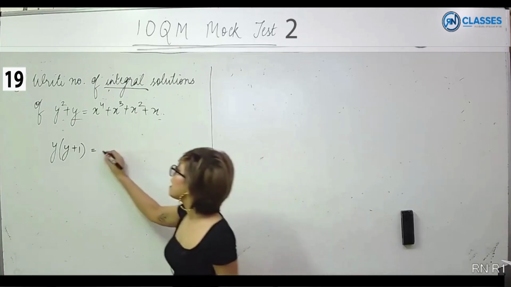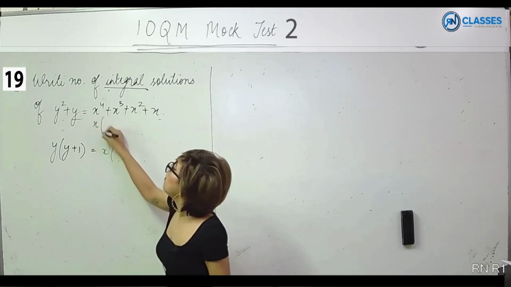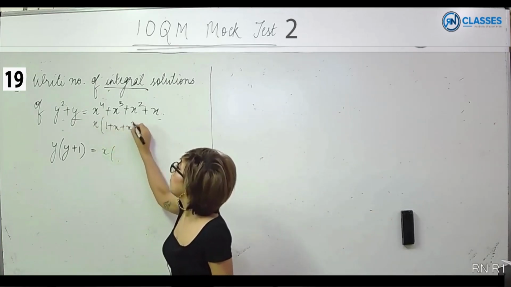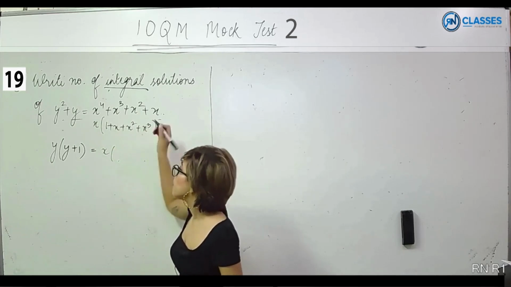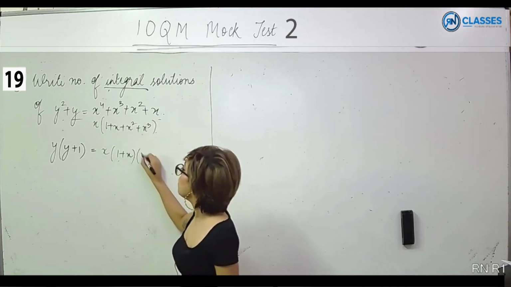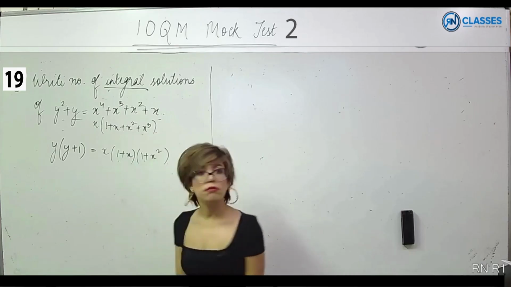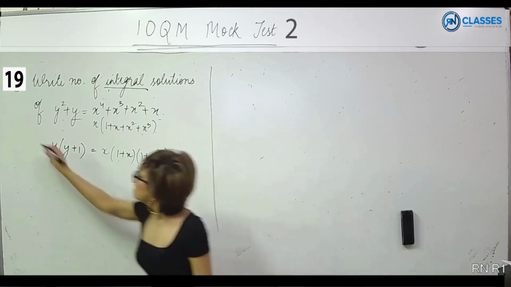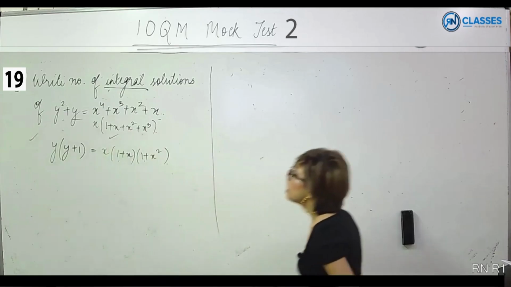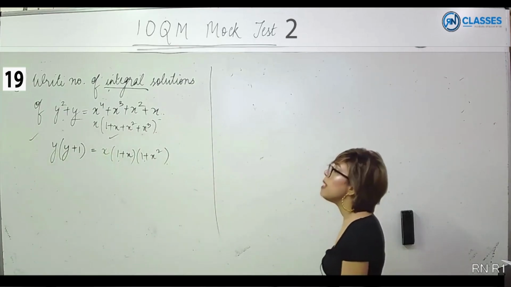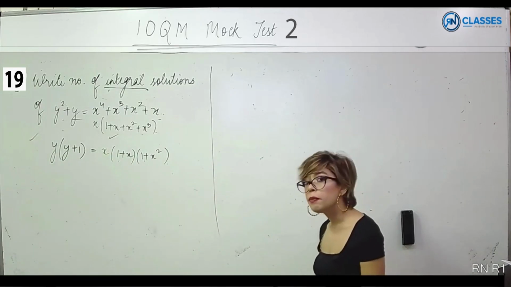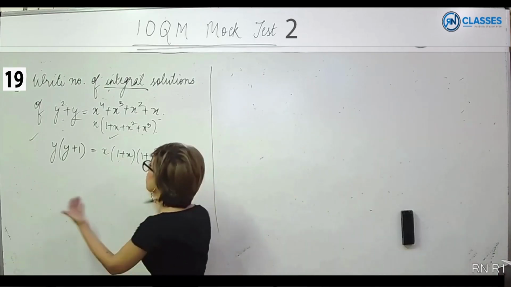On the left hand side, if I take x common, I will be left with 1 plus x square plus x cube. Again, this is factorizable. This is 1 plus x into 1 plus x square. Right? So I have these factors. Now integral solutions. First of all, let me write the obvious ones, which will make left hand side equal to right hand side.